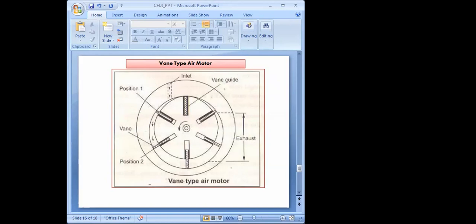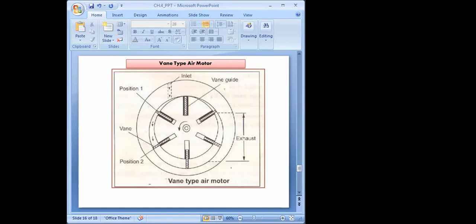Please remember that these air motors have various types or designs. I have discussed those types: vane type, piston type, gear type. But the most common types of air motor used now are the vane type air motor, the axial piston and the radial piston type.